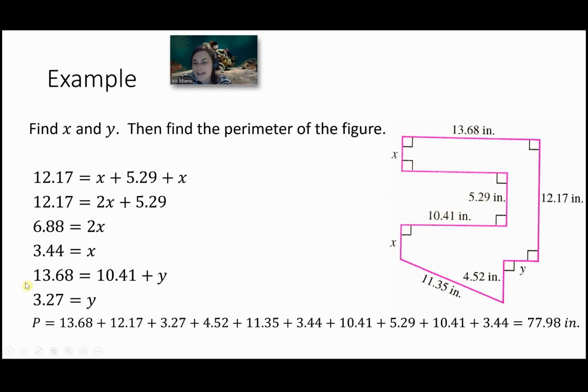Oh yeah, I calculated it right here as the value of y, and so on and so forth. Then you get all of those values all the way around, and you punch them into your calculator. If you're not using a calculator, then you'd be adding it all up by hand, lining up decimal places, all of that good stuff.